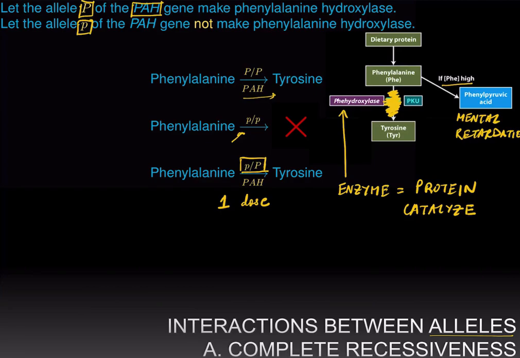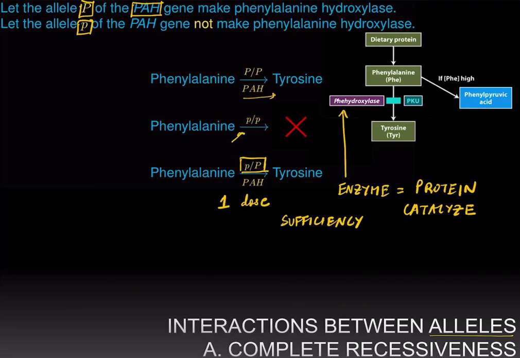And this one dose is sufficient to convert phenylalanine into tyrosine. So even though you have half the amount of the enzyme, this amount happens to be sufficient for converting the phenylalanine into tyrosine and avoiding a buildup of phenylalanine and conversion to phenylpyruvic acid, leading to mental retardation.